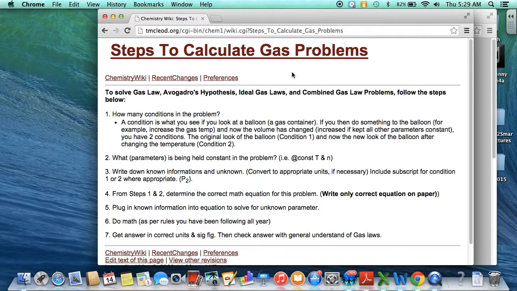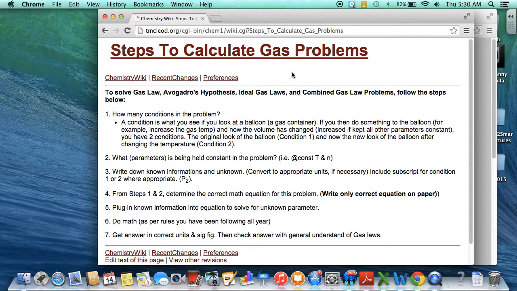If you see those action verbs, you're starting with the gas at one condition, which I call condition 1, with all 4 variables: pressure, temperature, number of moles, and volume. Then you do something to it, and now it has a final or new volume, pressure, temperature, and number of moles, which I call condition 2.